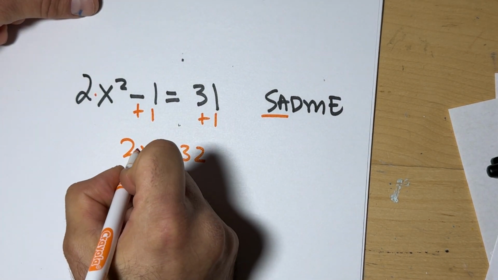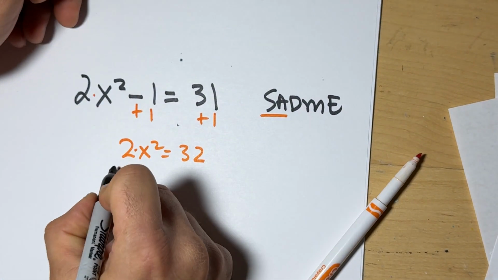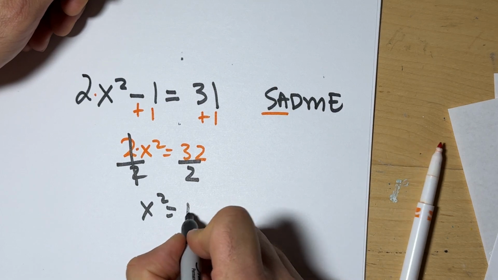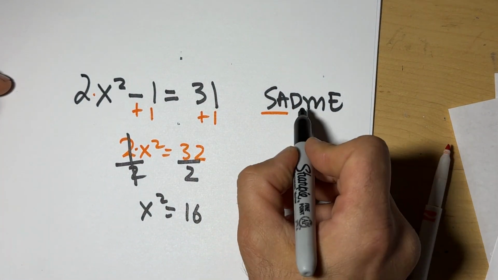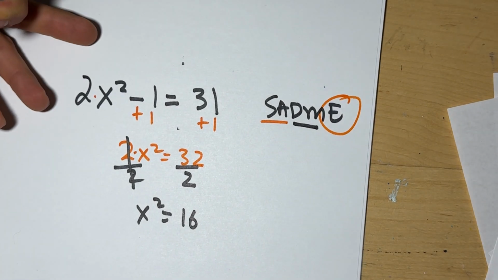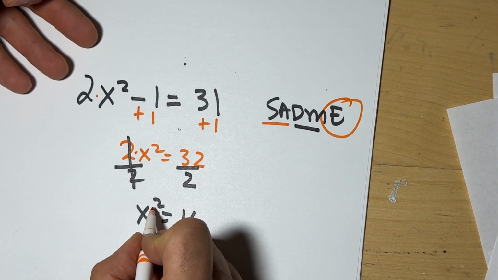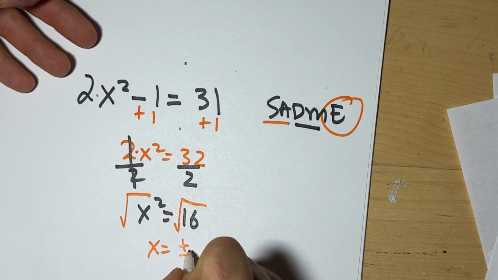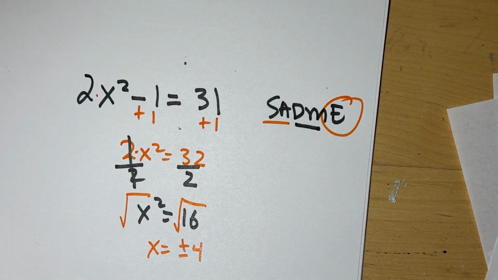Wow, what's the opposite of 2 times? To divide. x squared equals 16. I did my multiplying and dividing now. Is there anything left? There's an exponent. The opposite of squared is square root. When you get to that, you'll be able to use the same method.